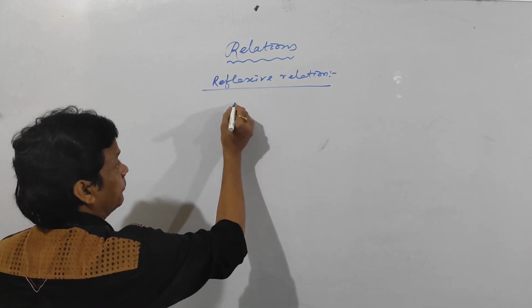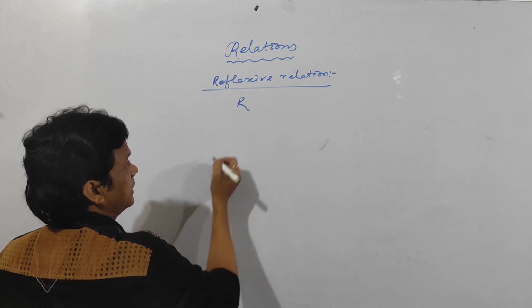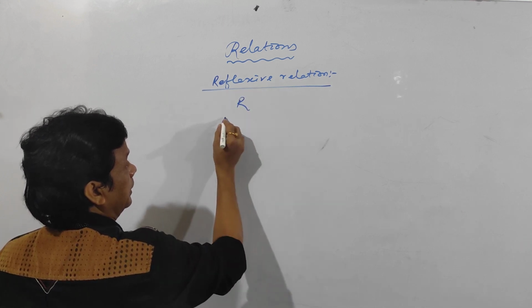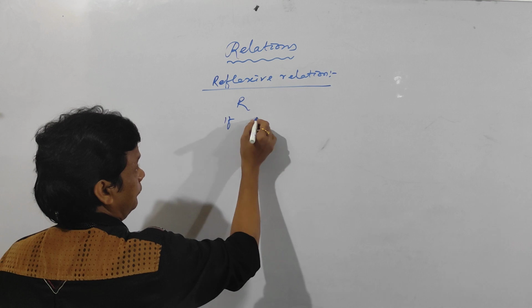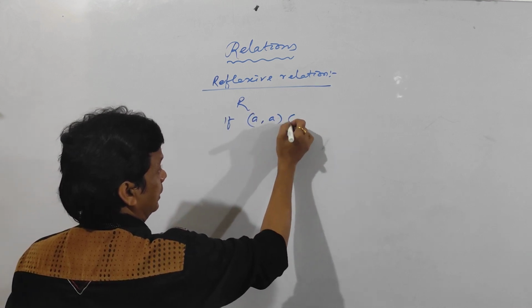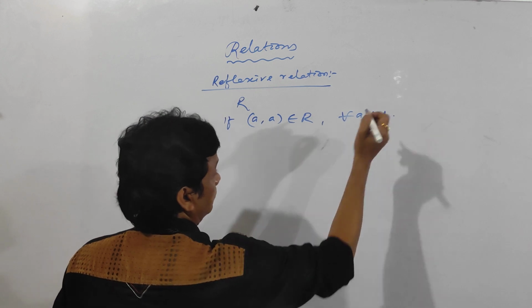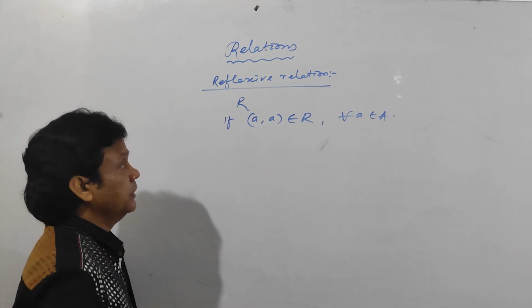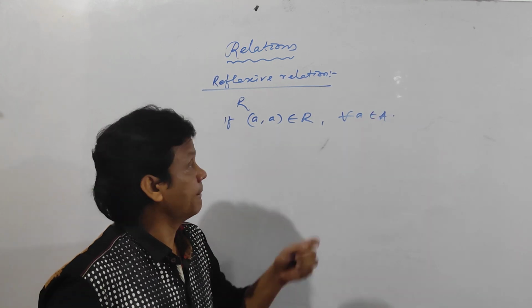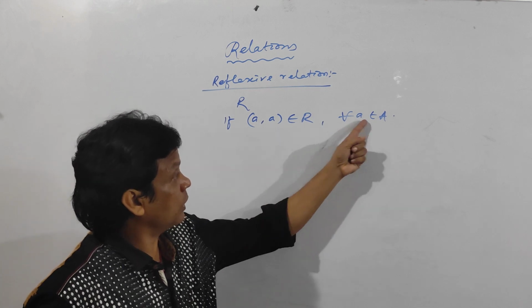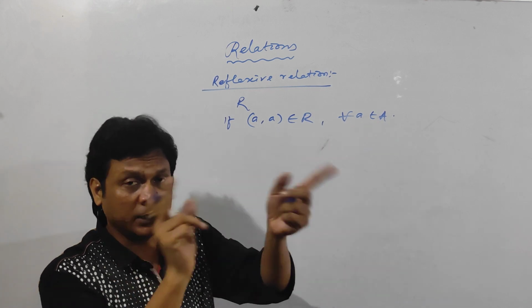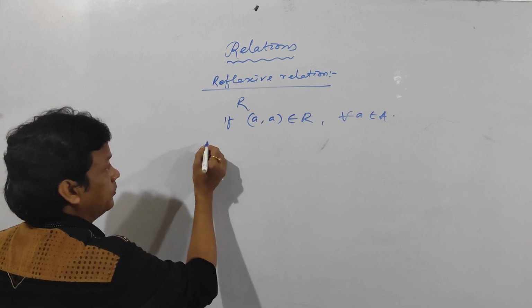That means here, R is reflexive if (a, a) belongs to R for all a belonging to capital A, then R is called reflexive. And a may be related to other elements.